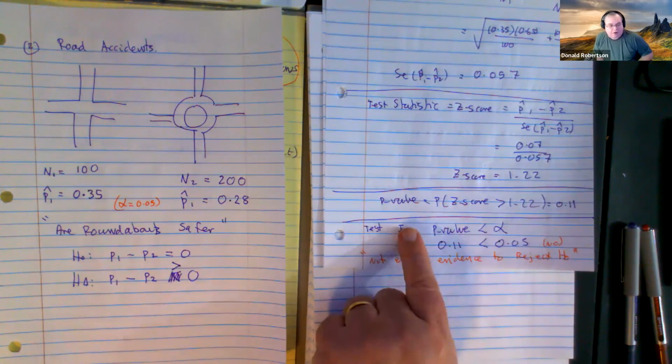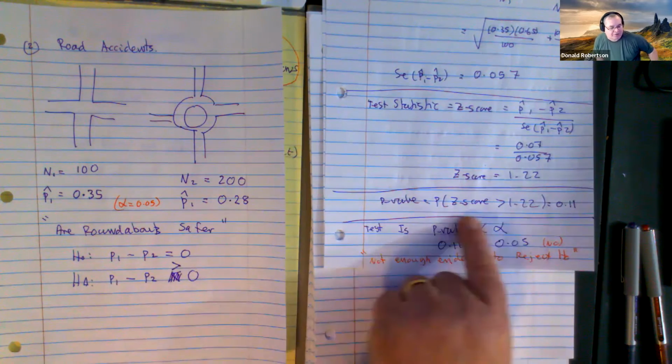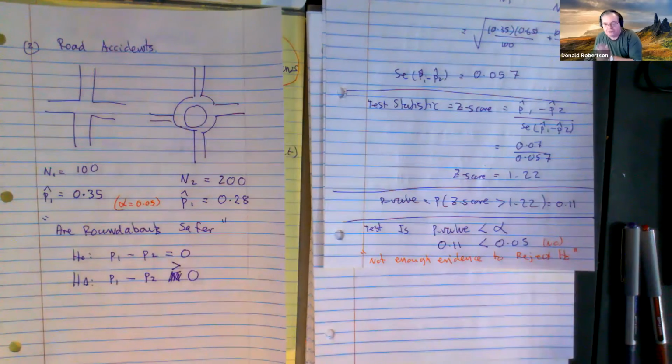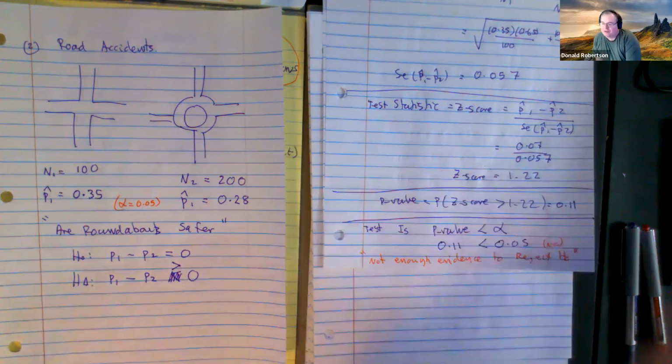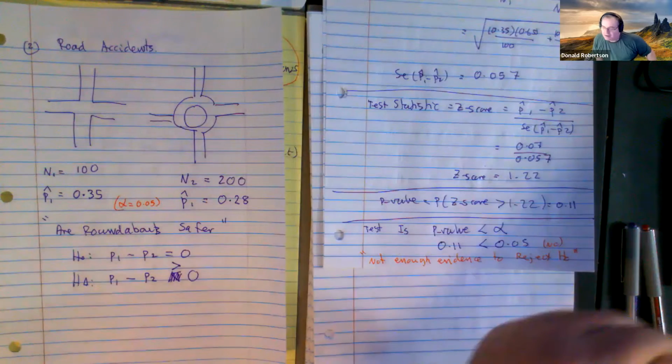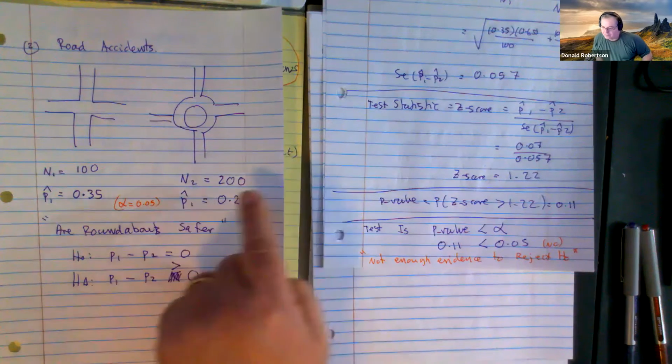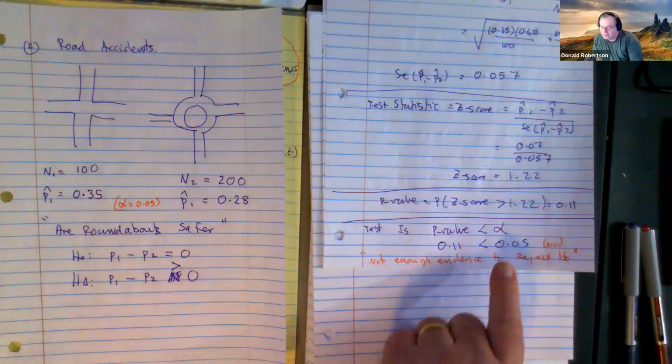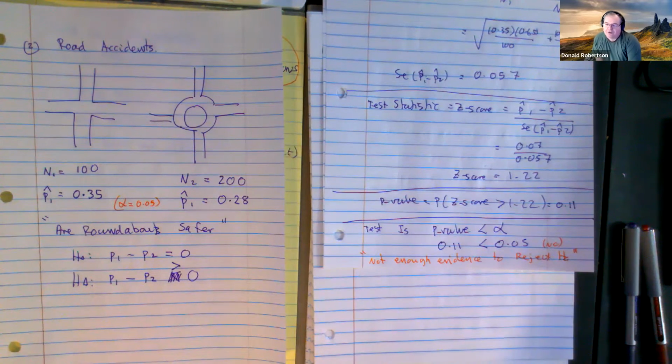You're not allowed to say, well, I think 7% is pretty good, so you've convinced me roundabouts are safer. Or, I think a Z-score of 1.22 is big enough, you've convinced me that roundabouts are safer. You don't have any option. You have to go through the process, and if the process comes up with not enough evidence, you just have to accept that you have not got enough evidence, as disappointing as that can be.